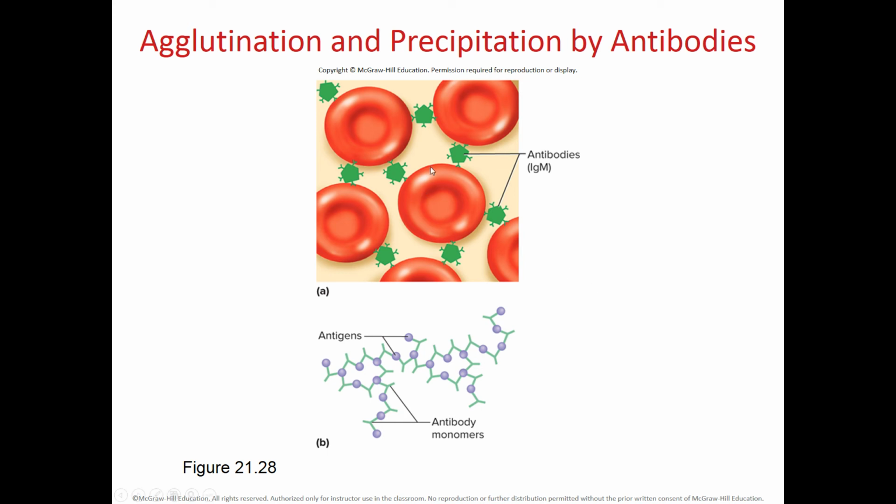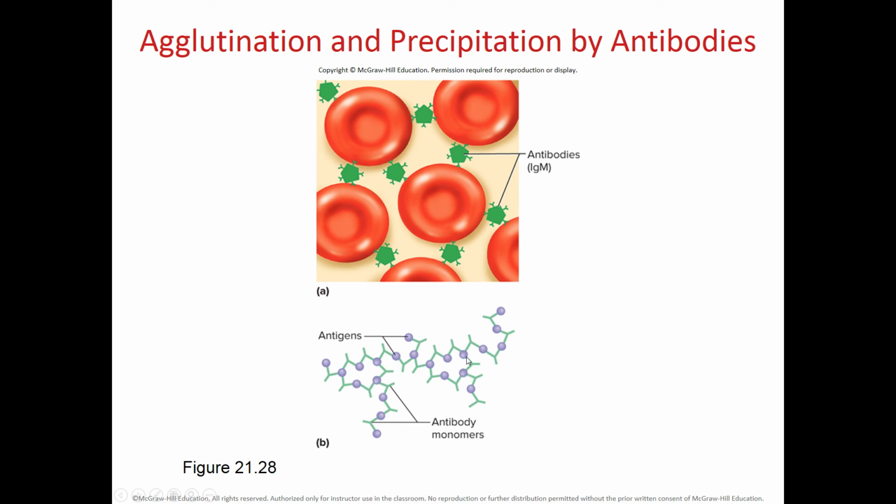So these are the pentamers of the IgM, and they can bind several antigens in different cells at once. In this case, the cells will be the red blood cells. So these antibodies, when they bind to the antigens, will form an antigen-antibody complex, as you can see here.